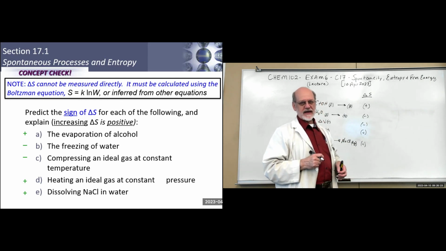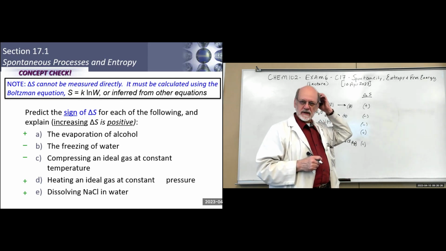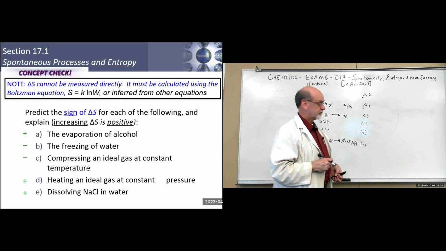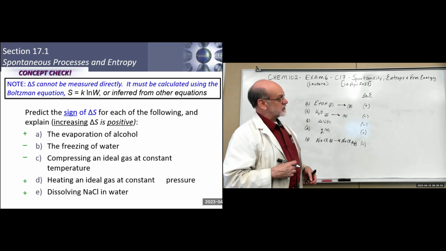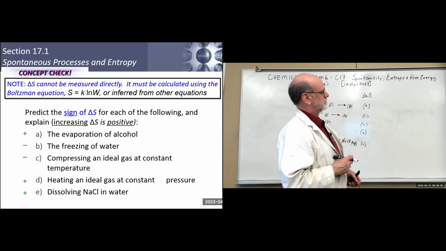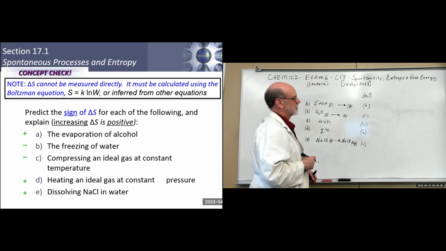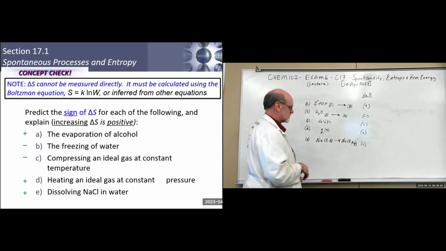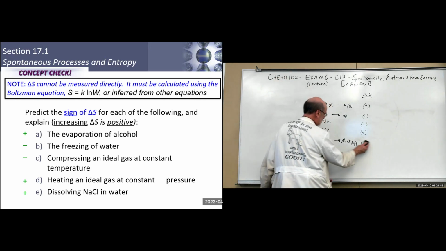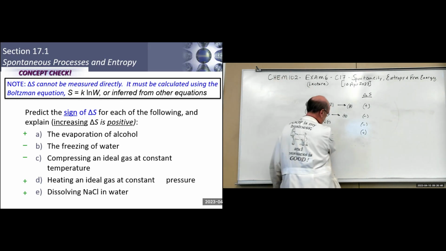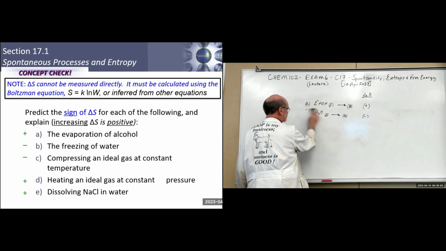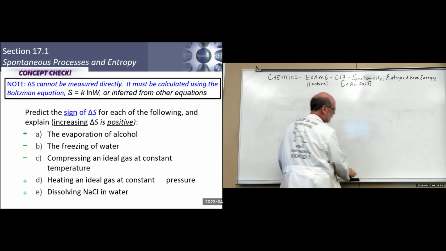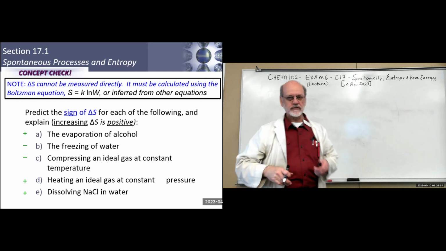So entropy S equals K times log W, or it can be inferred from other equations. And the W there, I believe, is a work function. And K is a constant. Sometimes we call it a fudge factor, just to make the units of entropy jive with the units of work. You don't have to know that. It's just an interesting fact.